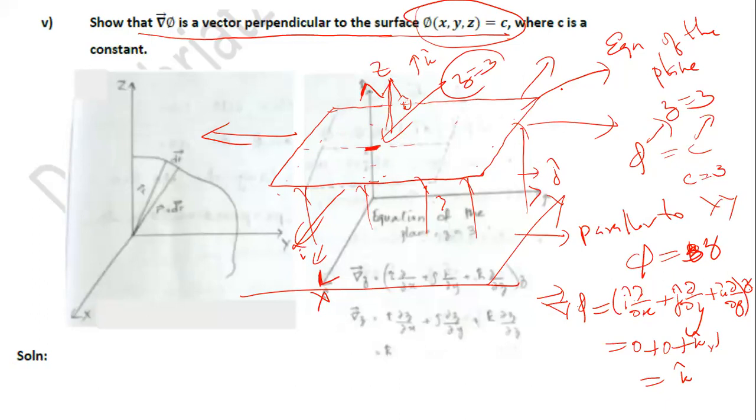For this particular plane, we find that grad phi represents a vector which is perpendicular to the surface, because k cap is perpendicular to the surface z equal to 3. So if z equal to 3 is the equation of this surface, k cap, which is actually your grad phi, represents the vector perpendicular to the surface.